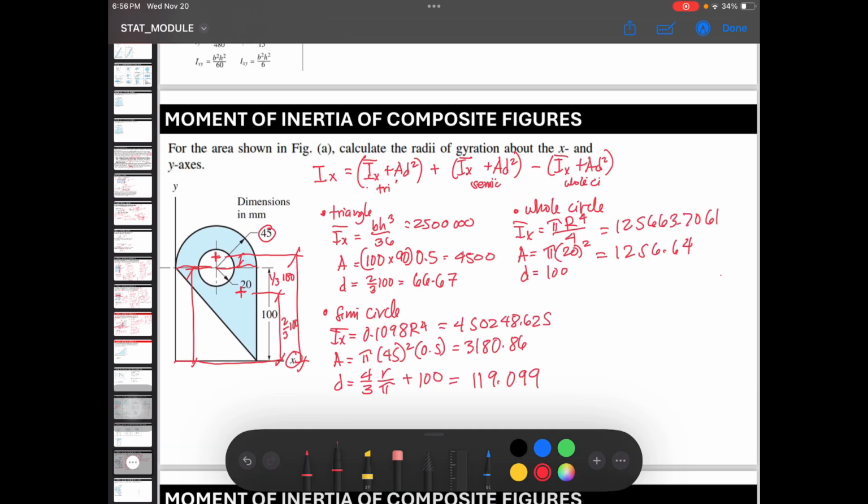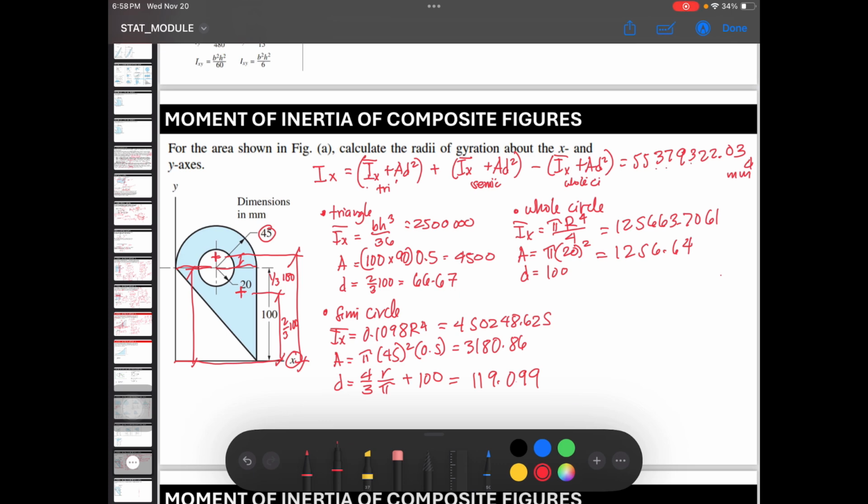These values, we will substitute dito. So, let's calculate. So we will get 5537932.03 mm squared, a raised to 4 yan.